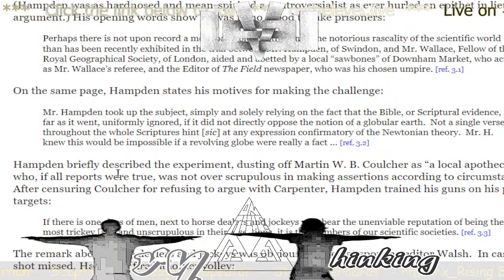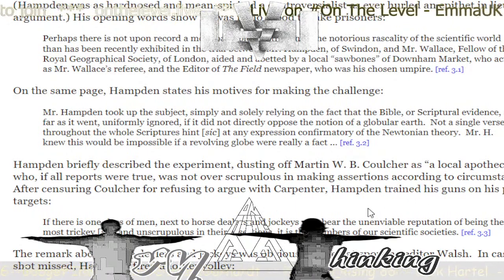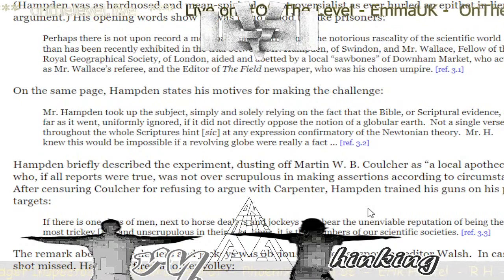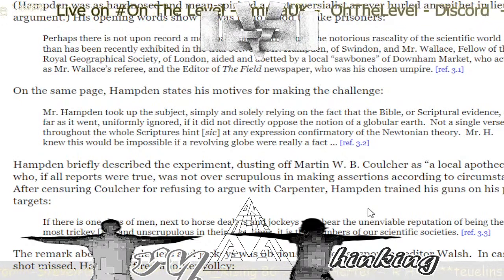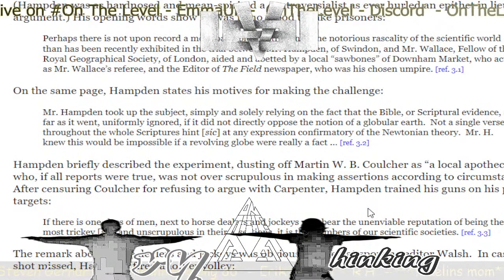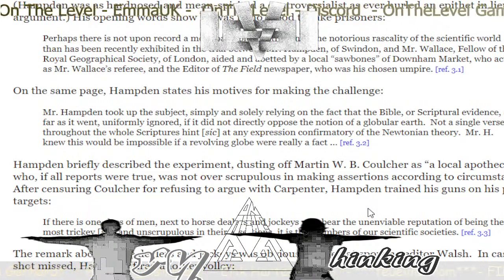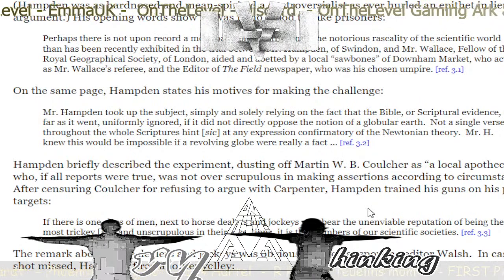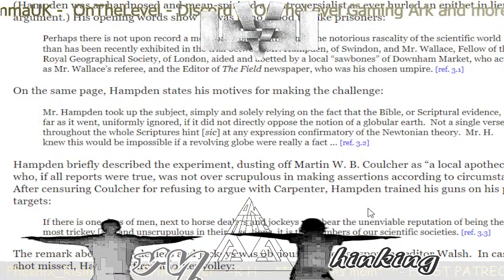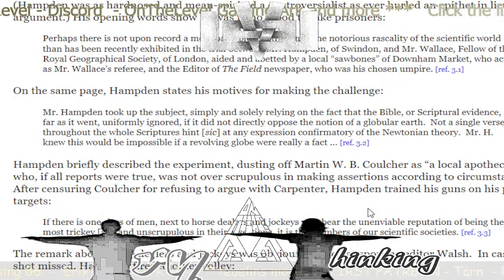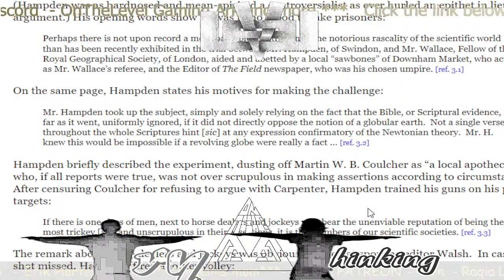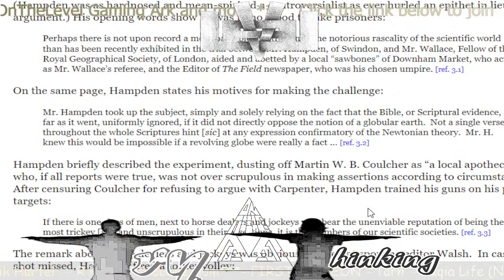Oh, it says Hampton briefly described the experiment, dusting off Martin W.B. Colchester as a local apothecary, who, if all reports were true, was not over scrupulous in making assertions according to circumstances. After censuring Culture for refusing to argue with Carpenter, Hampton trained his guns on his primary targets. No experiment or anything.